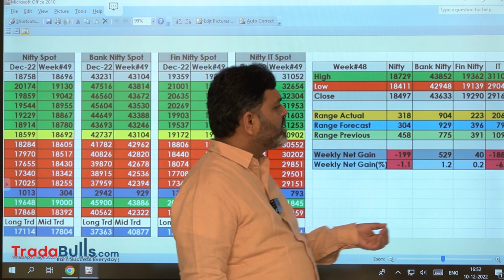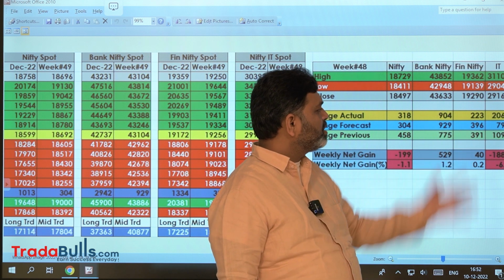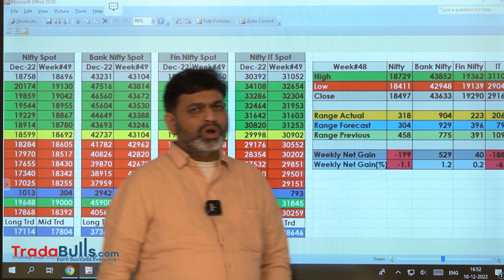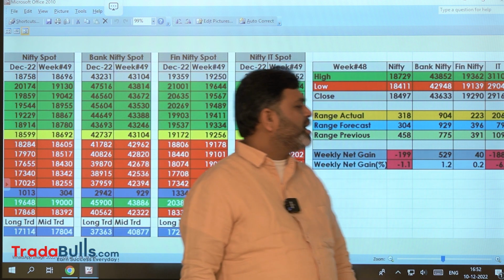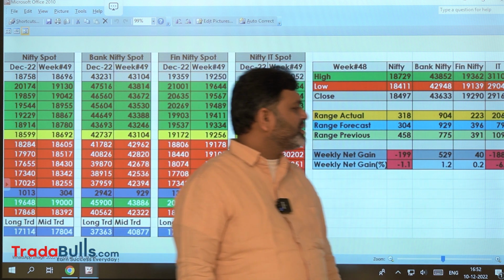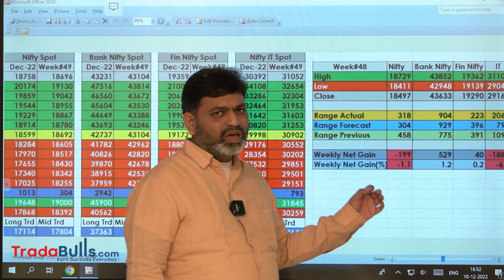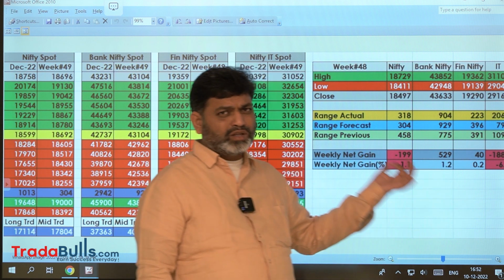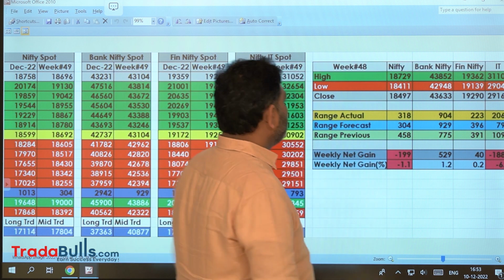Out of 400 points that we anticipated, the actual range formed was about 223 points only. And net to net, it gained about 40 points only, weekly net to net gain of 40 points only. In terms of percentage, 40 points is equivalent to 0.2 percent, which was very less, and the closing also is very flat compared to the previous week. So this is about Fin Nifty.